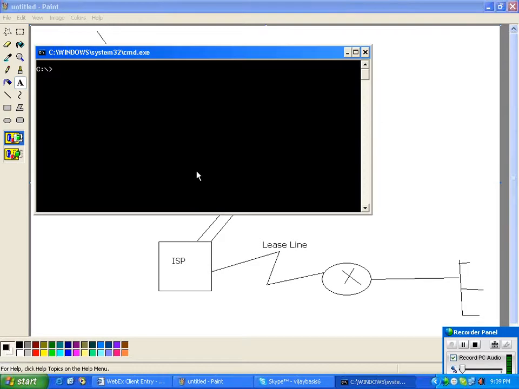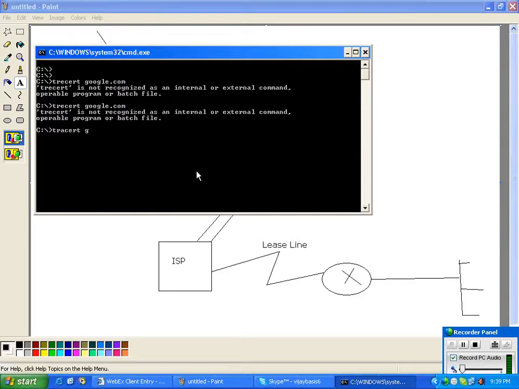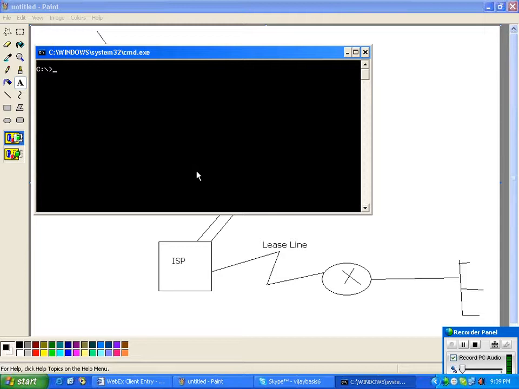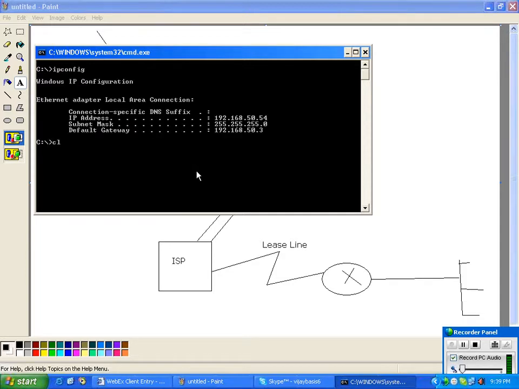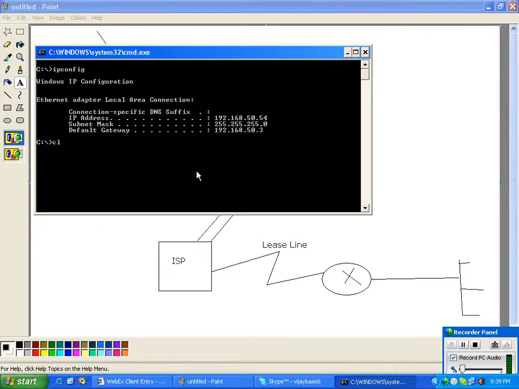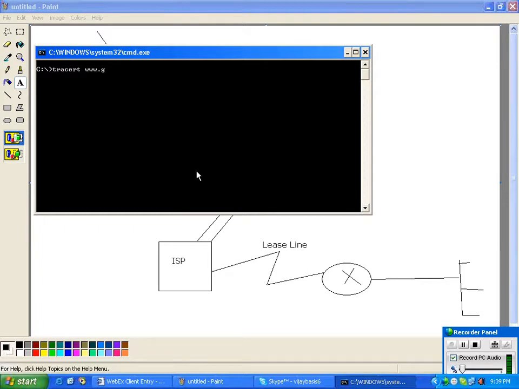So I was talking about the tracer. Tracer Google.com. Tracer. IP config, yes. Tracer.